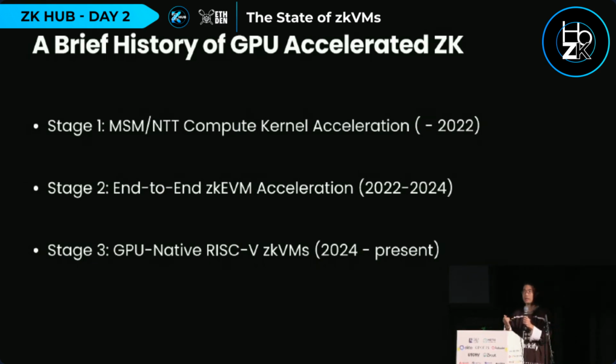So you actually don't get 10 times speed up just because you optimized MSM or NTT, because the other part of the computation becomes a new bottleneck.